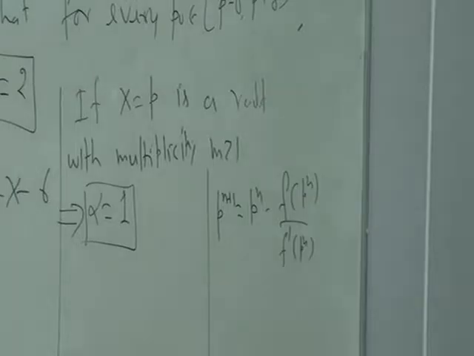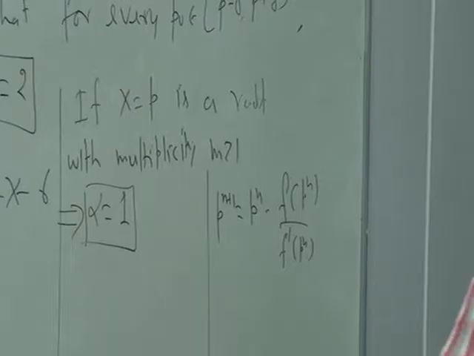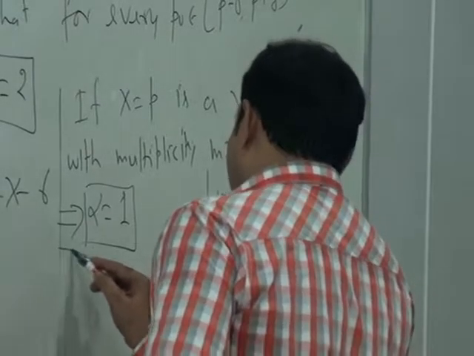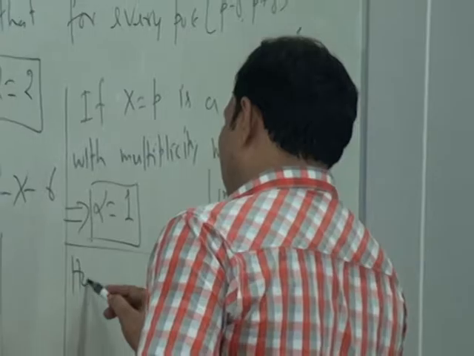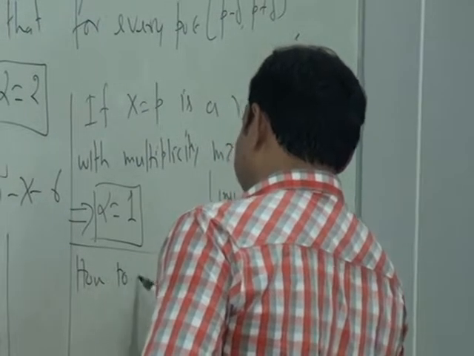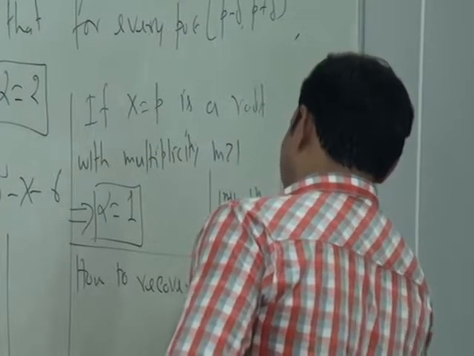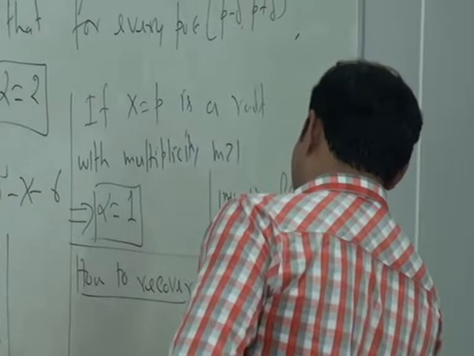That means you don't have alpha equal to 2, which is the beauty of Newton method. Alpha equal to 2 is lost. Then how do I recover? How do I recover alpha equal to 2, which I want?